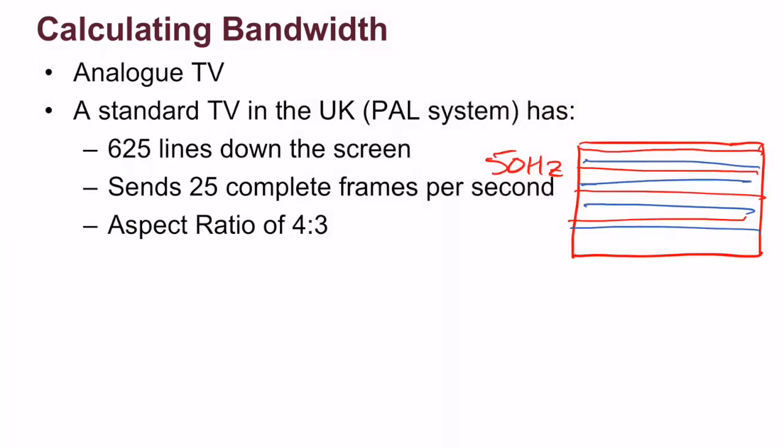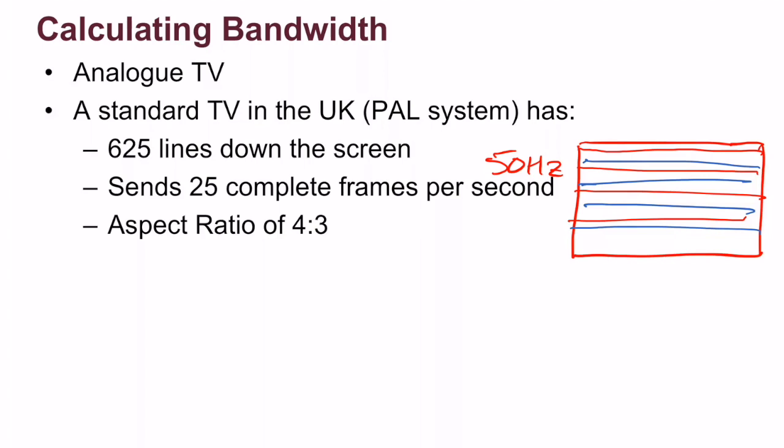Now this is a bit of a trick. There's something called persistence of vision. It's how often you need to change a picture to fool the eye to think that it's a fluid motion, and so you don't see the jerking between the pictures. And it's somewhere between 30 and 40 Hertz you need to be able to do that. So TV plays a trick, so it doesn't have to send so much information.